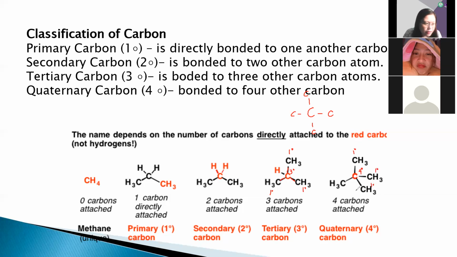Ito primary. Okay, we have primary carbons. Pero yung nasa gitna, quaternary kasi nakabond siya to 4 other carbon atoms. Okay? Kasi magbabago yung naming natin sa kanila depende sa classification of carbons.